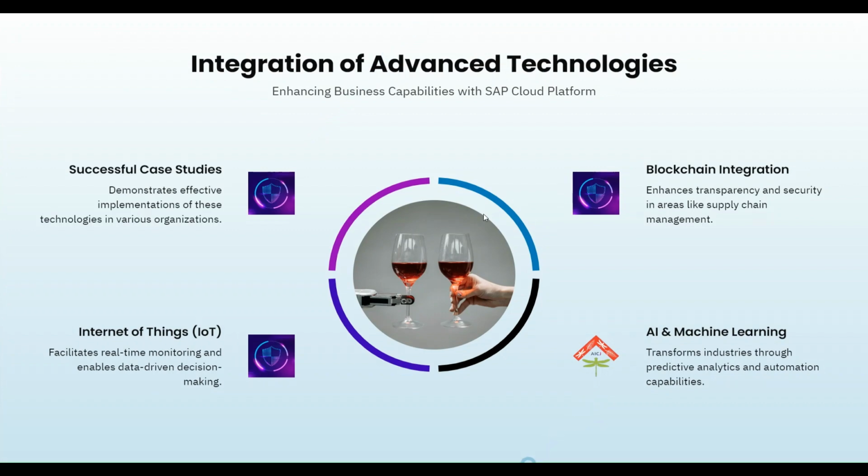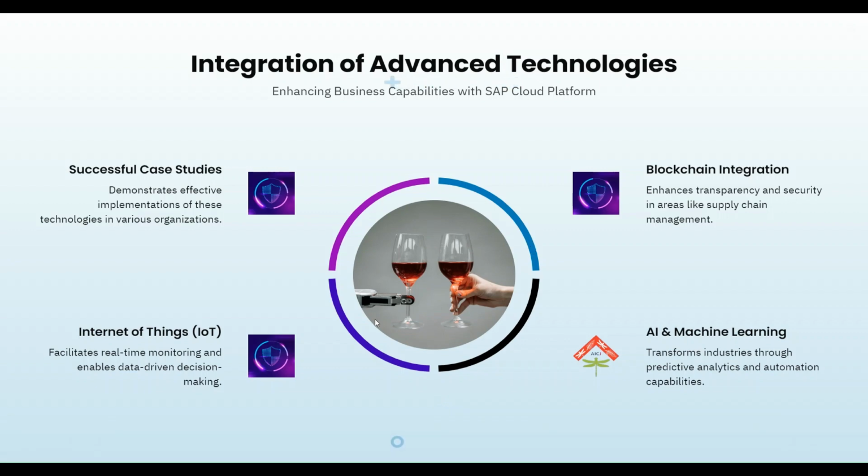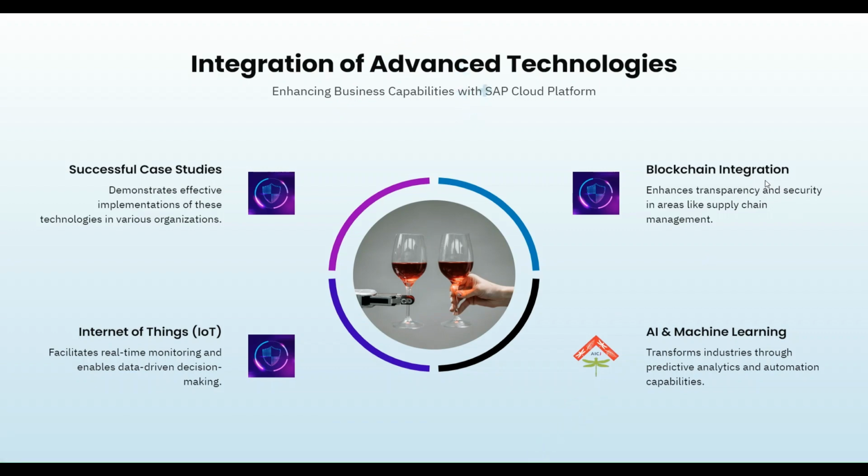In this slide, we'll discuss the integration of advanced technologies. One of the most exciting features of SAP Cloud Platform is its support for advanced technologies. You can integrate blockchain for enhanced security and transparency, particularly useful in areas like supply chain management.